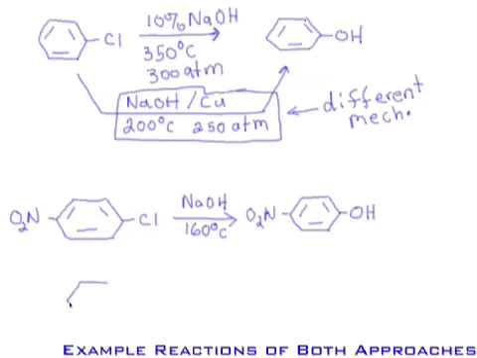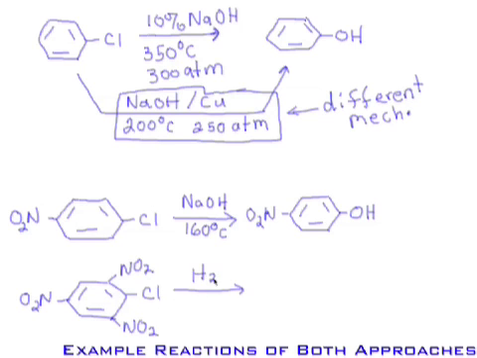If you go to a heavily electron-withdrawn ring by putting on lots of nitro groups, you can make this molecule react with warm water. Just warm water. A little bit of heat, a little water, and you'll get to 2,4,6-trinitrophenol.